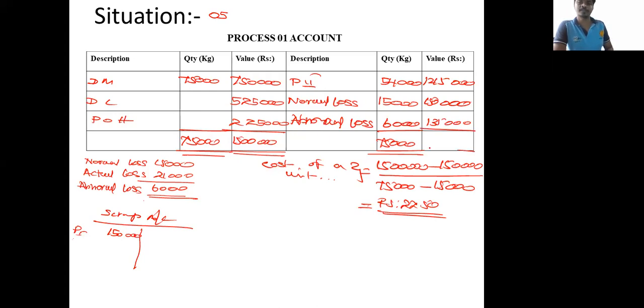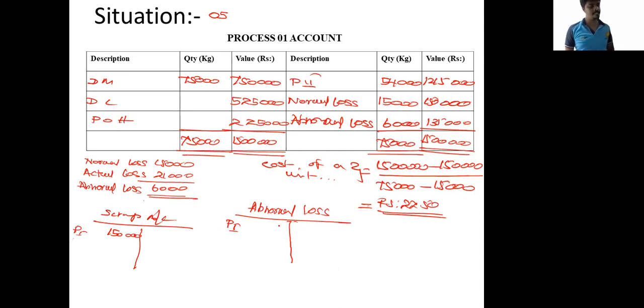Now the value column also balanced, and this amount we can record in the abnormal loss account. Abnormal loss account, process one account credit, so abnormal loss account should be debit as P1, 135,000.